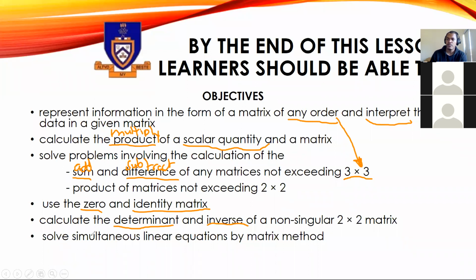Okay. Then solve simultaneous linear equations by matrix method. Oof, that is the one I've been telling you about later on. But we have done something similar. If you remember your vector, we said that if you have a vector, a 5i plus 6j, all right? Remember we spoke something about this, and I said that, okay, this can be also, instead of 5i, we can say this is your 5x, all right?